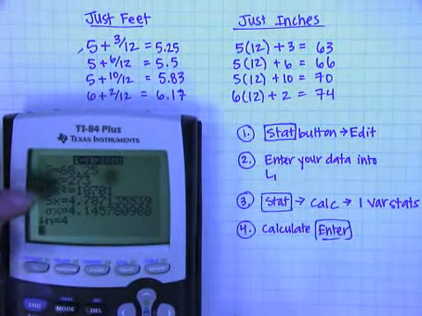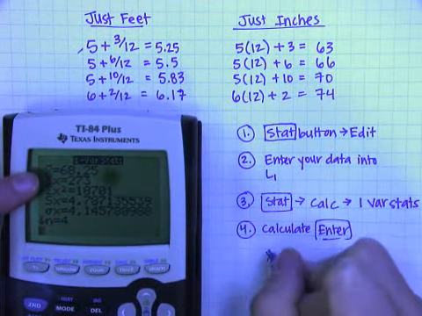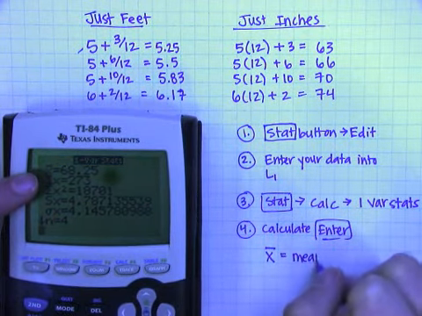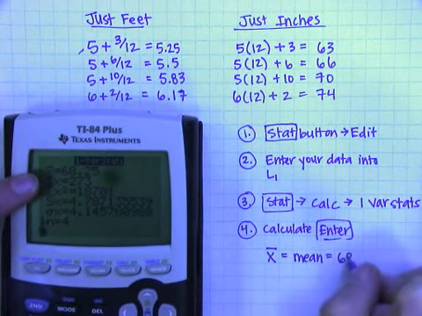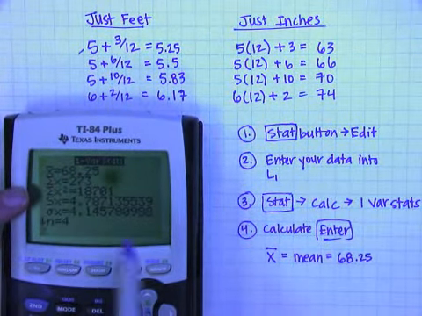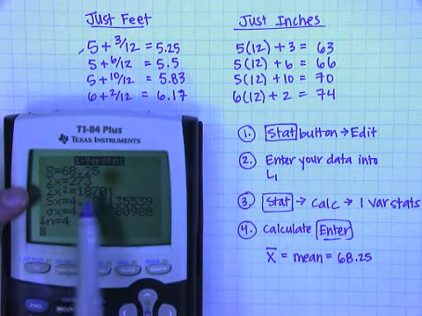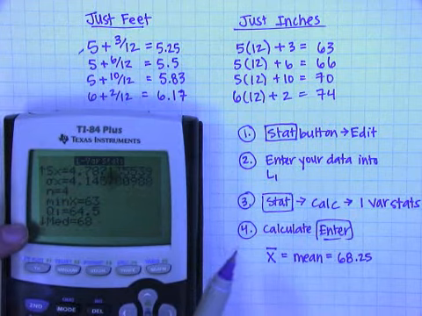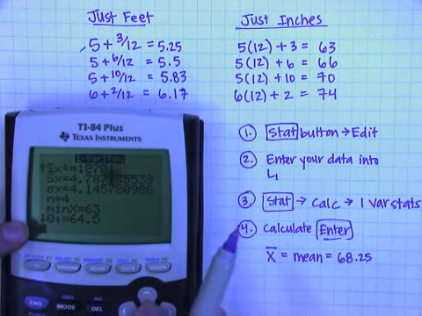Once you get here, you've got a series of statistics. This first one with the X bar over it, that's your mean or your average. So the mean is 68.25 for this data set. We'll talk a little bit more about what some of these other ones are, but for right now, you're going to scroll down and you can get the median of your data set.